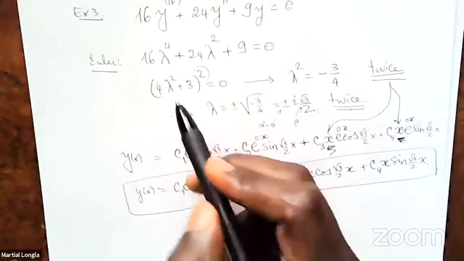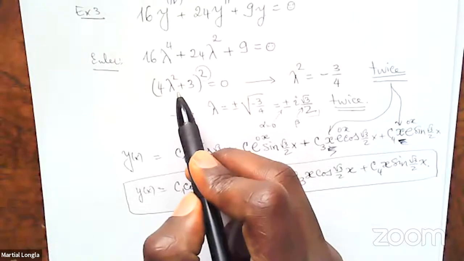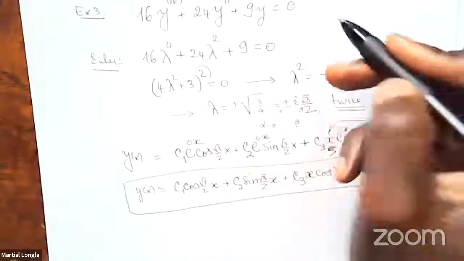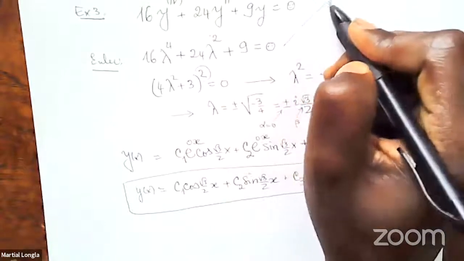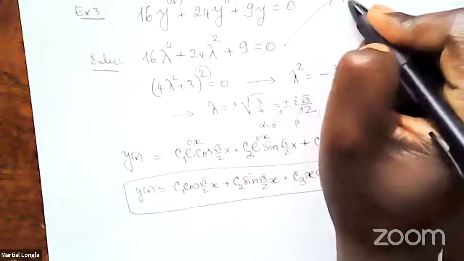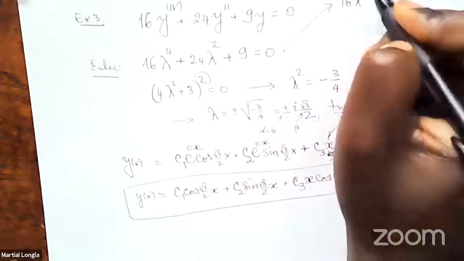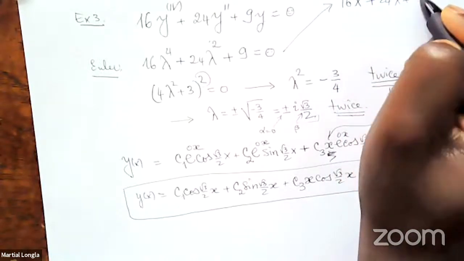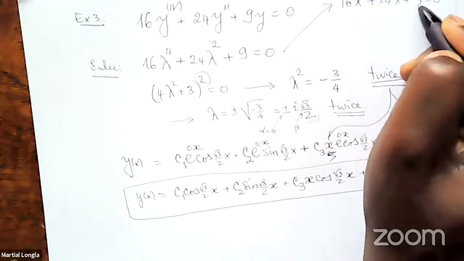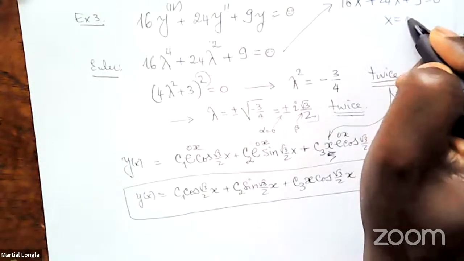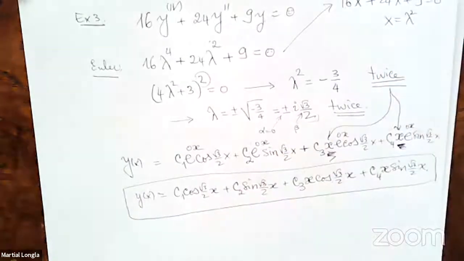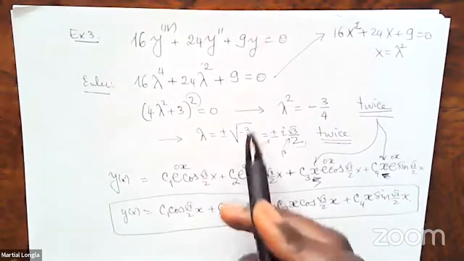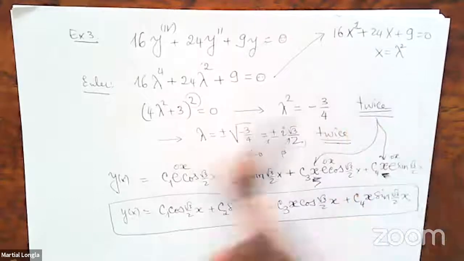First of all, we could do it the way he suggested, but we could also just see here that this is a quadratic and solve it as 16x squared plus 24x plus 9 equals 0, where x is lambda squared. You could have that equation.